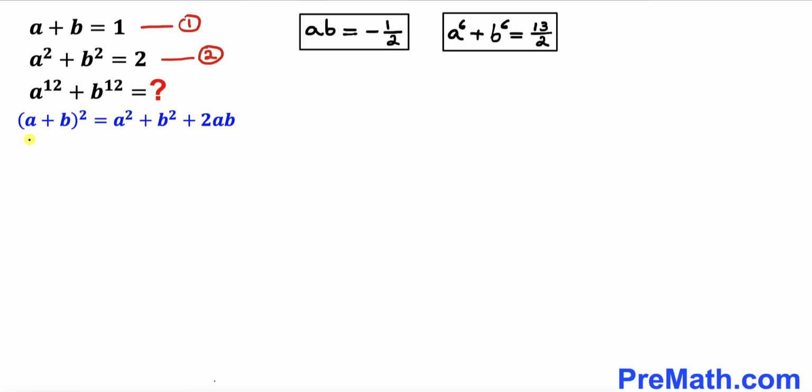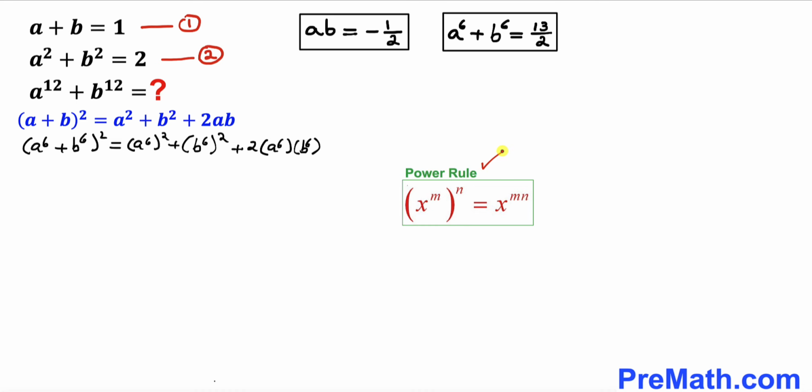Then the whole thing could be written as a power 6 plus b power 6 whole square equal to, this a becomes a power 6 and then whole power 2, plus b power 6 and then whole power 2, plus 2 times a power 6 times b power 6. And now let's recall this power rule of exponents once again. So therefore a power 6 and power 2 is same as a power 12. Likewise b power 6 and power 2 is same as b power 12.